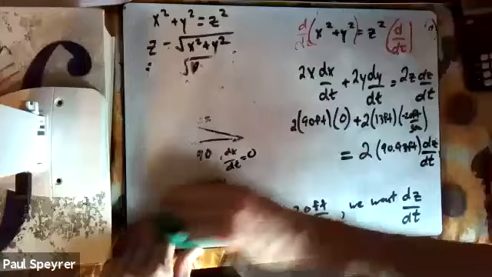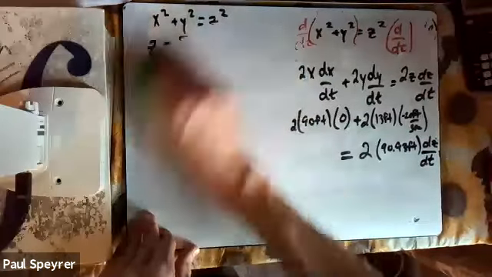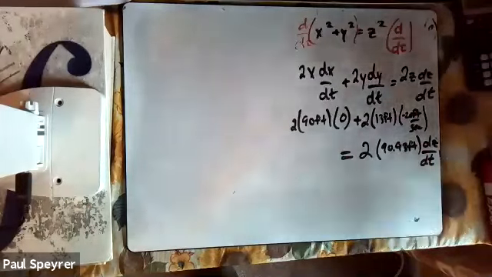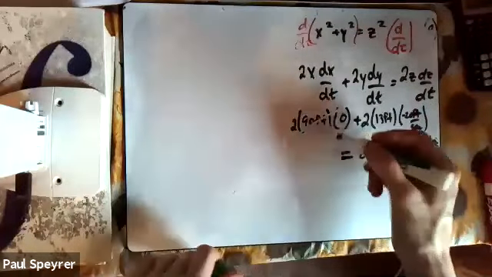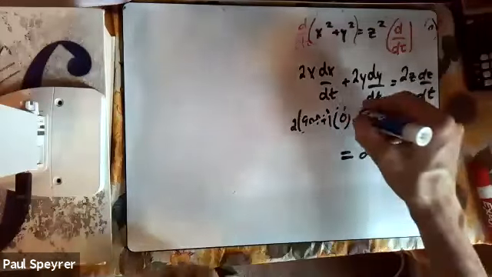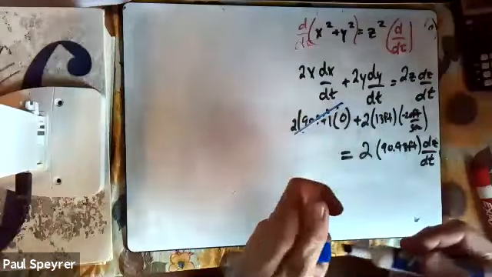So I'm going to clean all this up. So this disappears right here, right? Because 0 times all that is just 0.